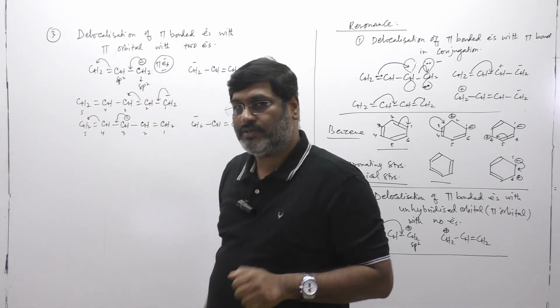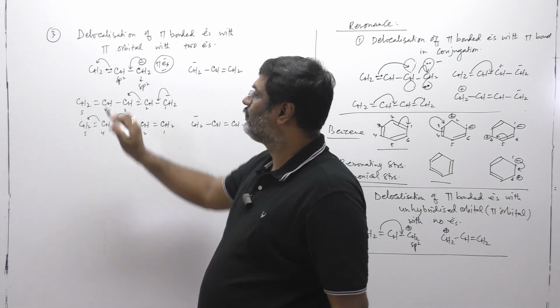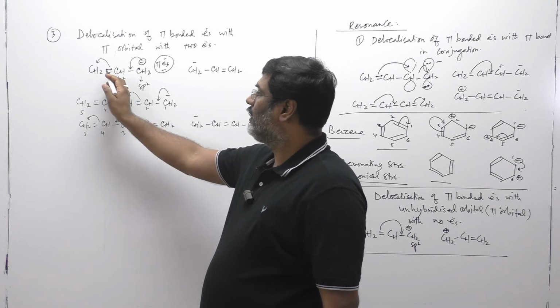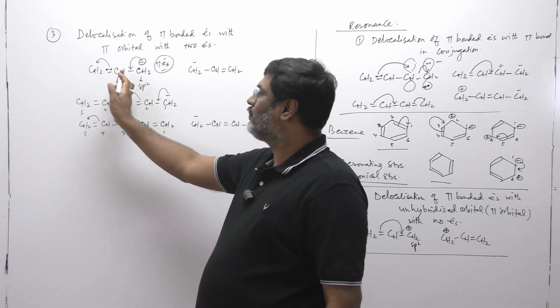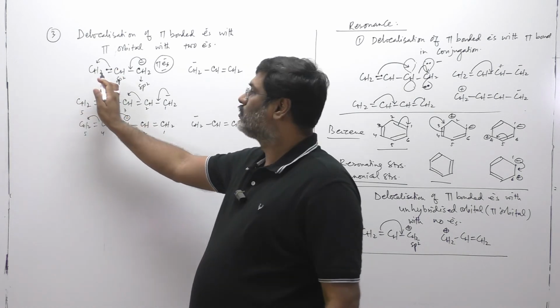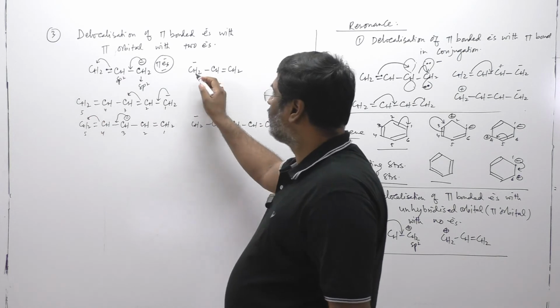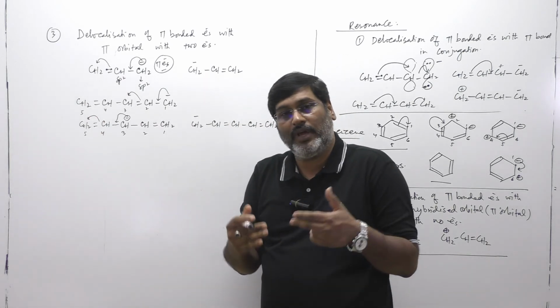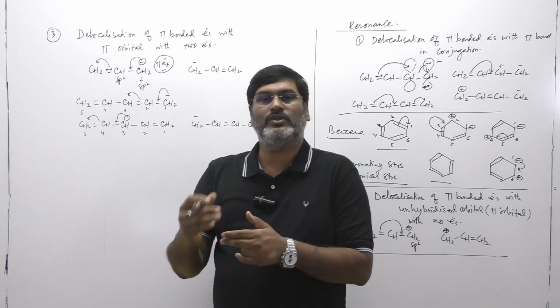Here 2 electrons are there, one of the same carbon atom and 1 electron from this carbon it is taking. So a negative charge gets accumulated over this one. This is the way the electrons move.